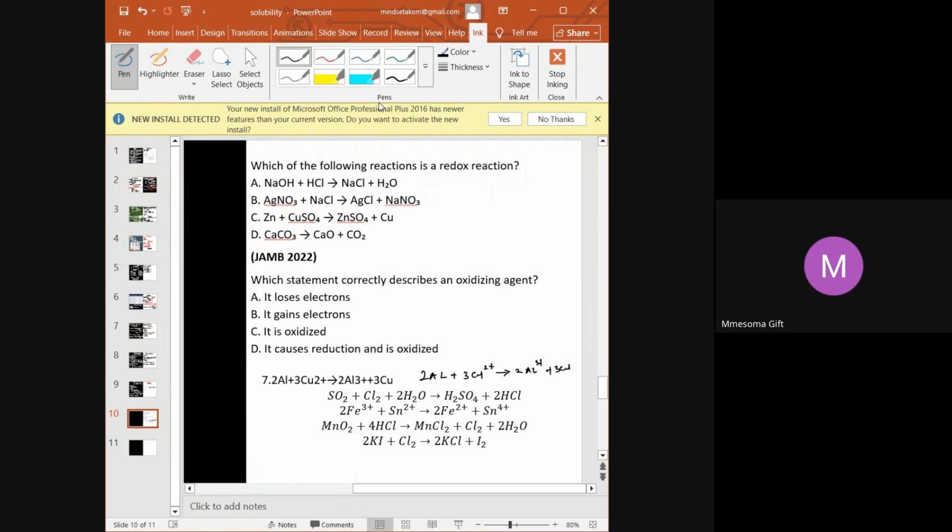It lost 3 electrons, while copper is undergoing reduction, causing it to be the oxidizing agent. It gained 2 electrons. So if you want to balance it, how do you balance the electrons? It's balanced already because to make copper have 3 electrons, just like aluminium, they added 3 on the reactant side.